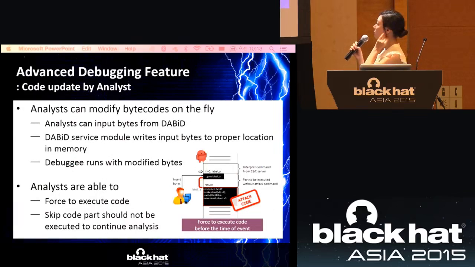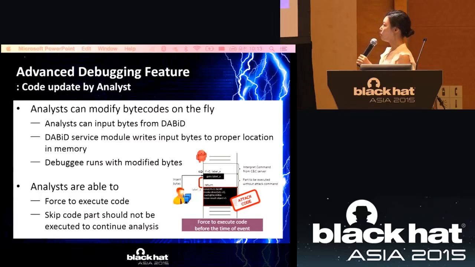Okay, this is for our second goal, advanced debugging features. The first one is code update by the analyst. Analysts can modify bytecode on the fly. They can select an instruction in our debugger and put in input bytes. Then the DABiD service module, which is in the application process, writes the input bytes to the proper location in memory, and debugging runs with the modified bytes.